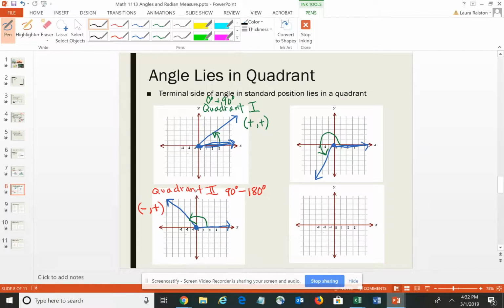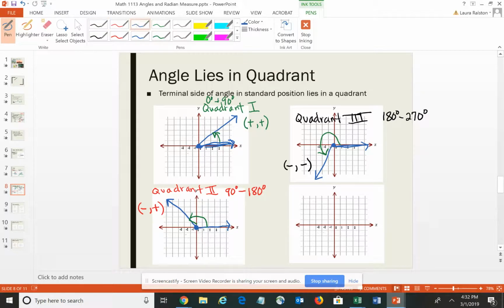And in this third example, I'm in the lower left. And in the lower left, that is quadrant 3. Remember that in quadrant 3, you're going to have a negative x value and a negative y value. Okay, in terms of angle measures, we would be between 180 degrees and 270 degrees.